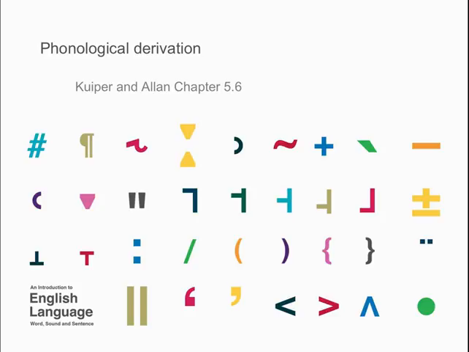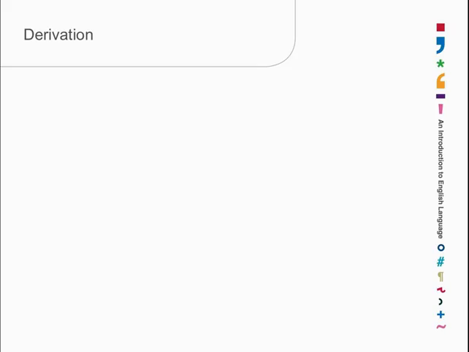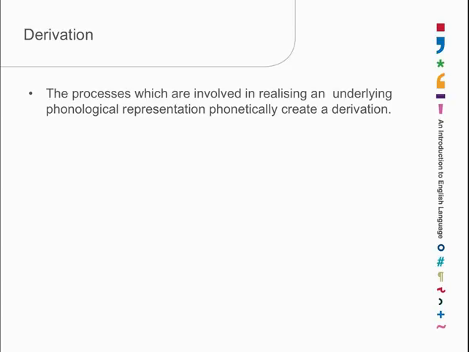That leads us to suppose that we can derive one from the other. If we know what the underlying form is, the form that the word has in your mental lexicon, then we can predict what actually will happen when it's pronounced. This is called a derivation. When we go from one kind of representation to another, we can call this a derivation.